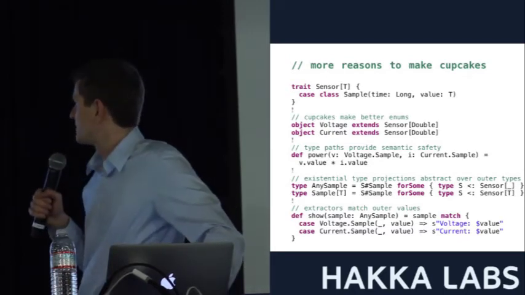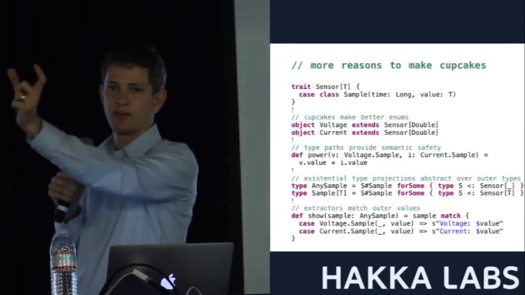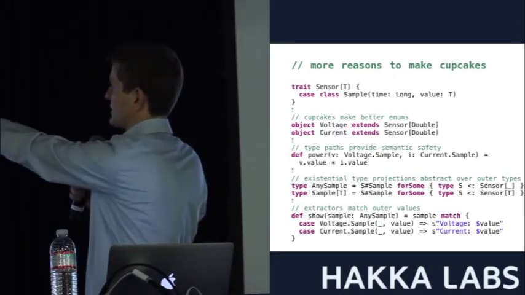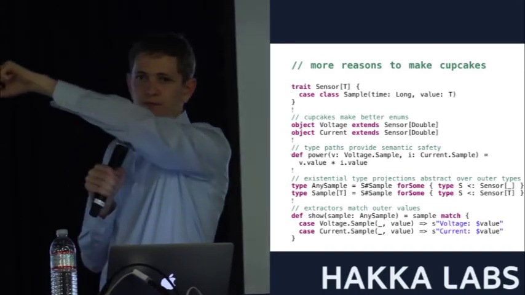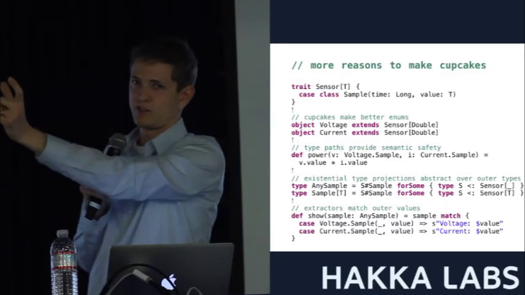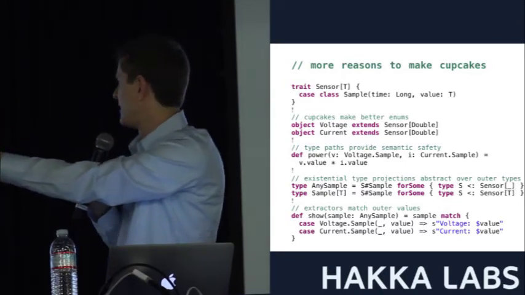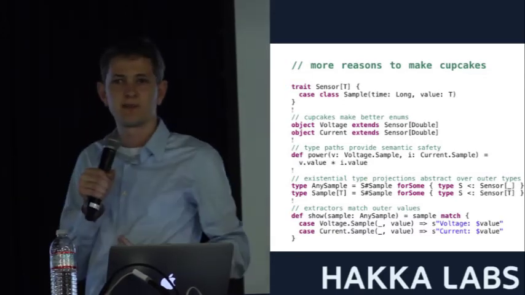And so if you use this pattern where you've got this abstraction of a sensor and it's got samples, the traditional way would just be to use a top-level sample type with some type parameter T and maybe a string that identifies it, or you take an enum as an argument, but that enum isn't part of the type signature.